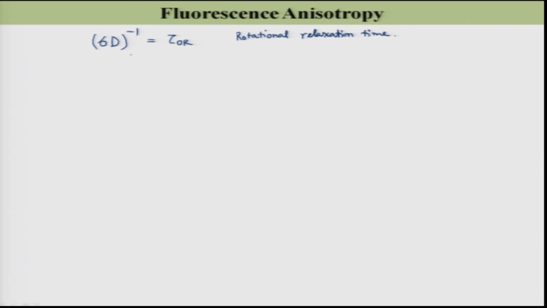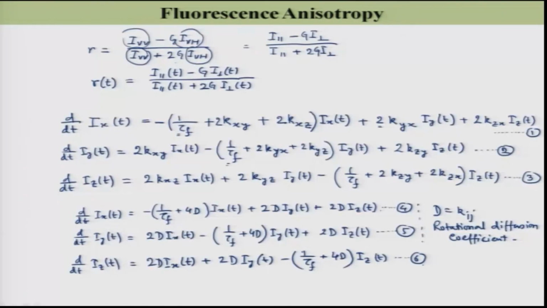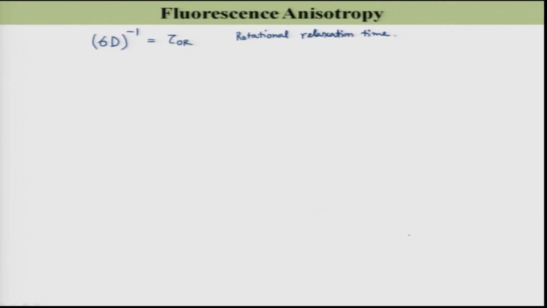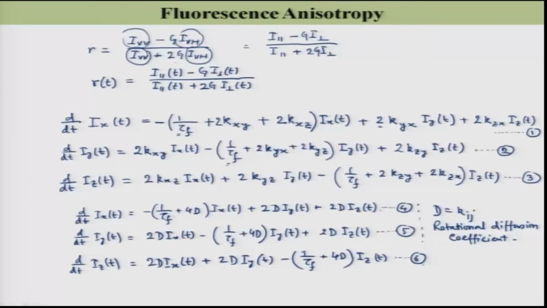So, now what I will do, you see here, I will do this equation 4 minus equation 5. So, the linear operator d/dt of I_x(t) minus I_y(t) is equal to minus, what you will get, 1 over tau_f plus 4D from this x, and from here you will get 2D, right.